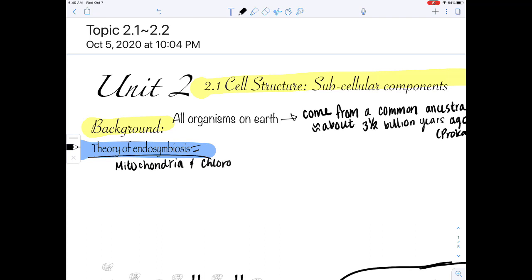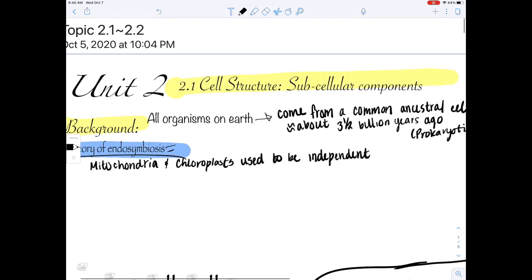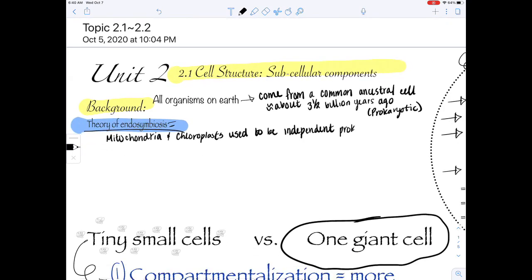So this theory basically states that our mitochondria and chloroplasts used to be independent prokaryotic cells. When they became parts of larger cells about 1.5 billion years ago is when we had eukaryotic cells emerge.